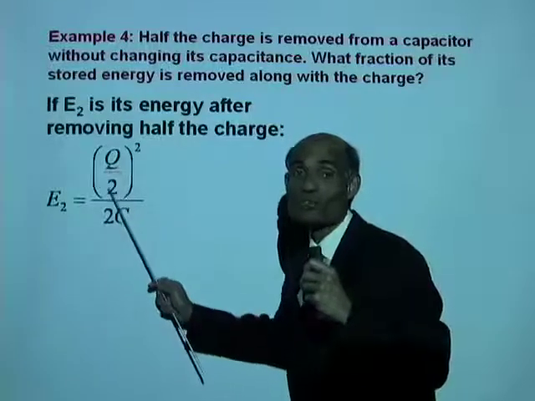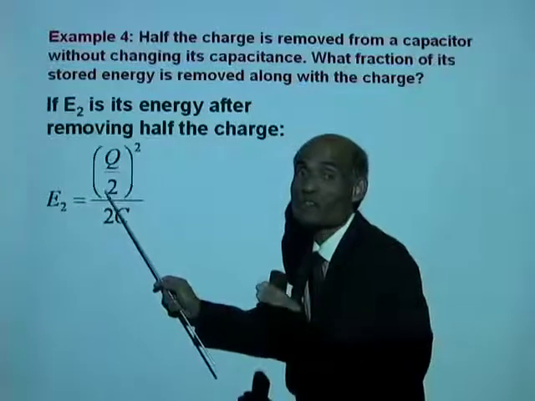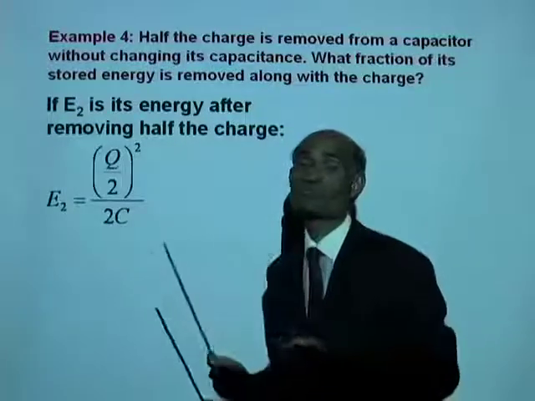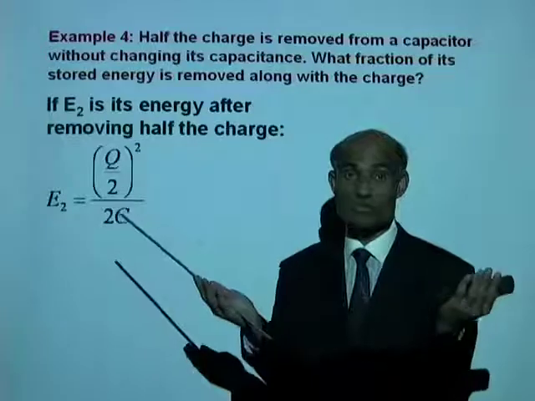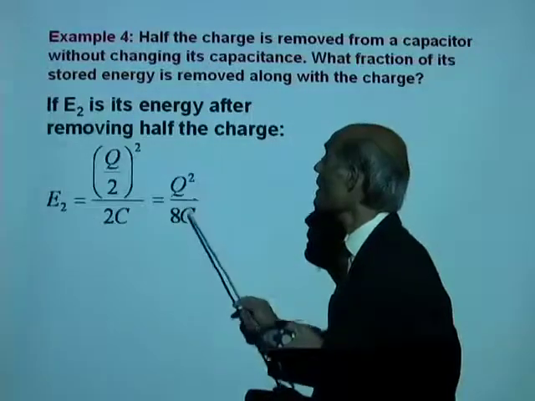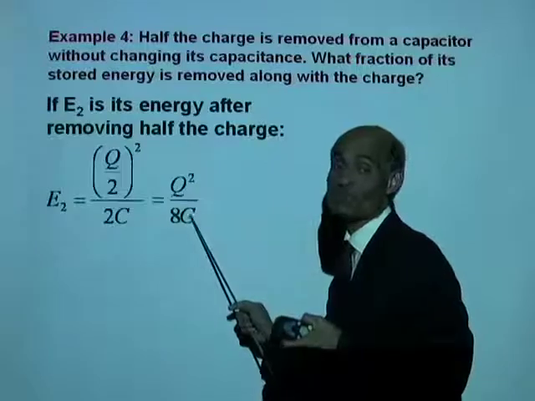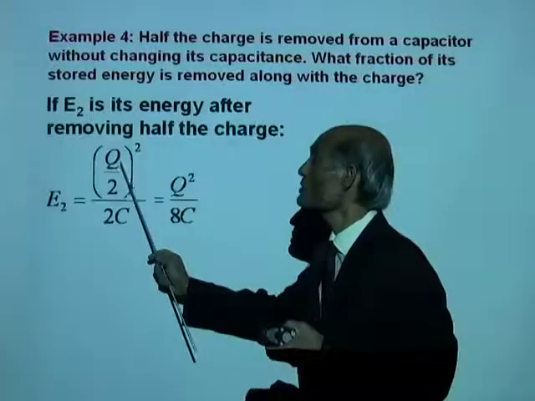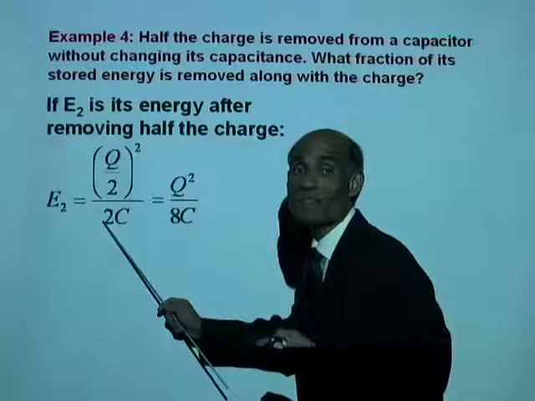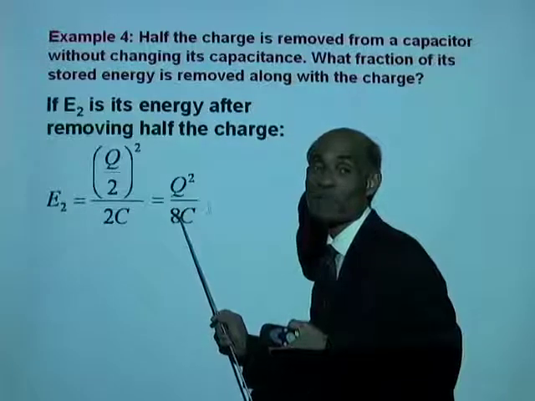So Q over 2 is the remaining charge in the capacitor. Square that and divide it by 2C. The capacitance doesn't change. And what does that become? That will be Q squared over 8C. I'm sure you can understand that. This will be Q squared over 4, and that 4 will go to the denominator to get that 8C.